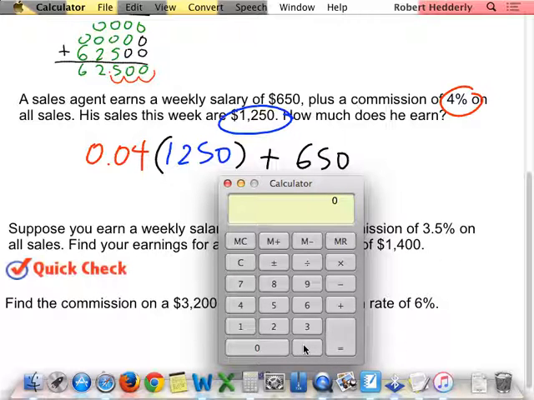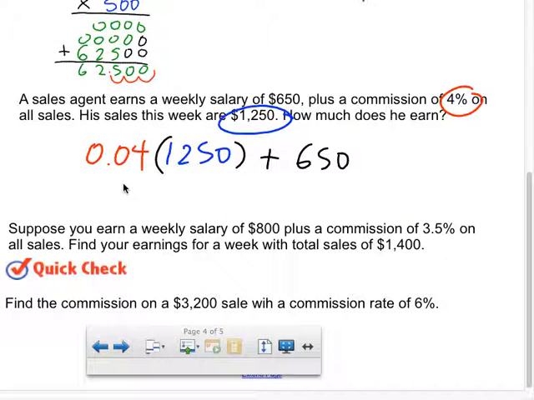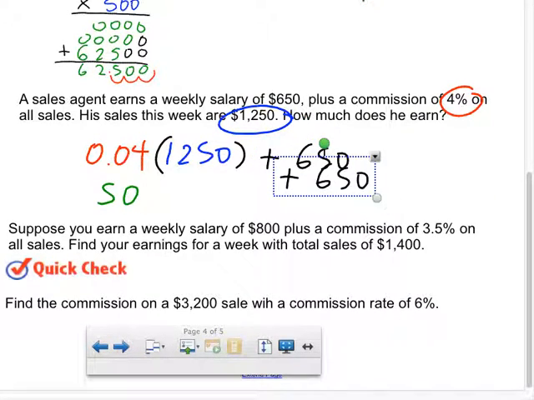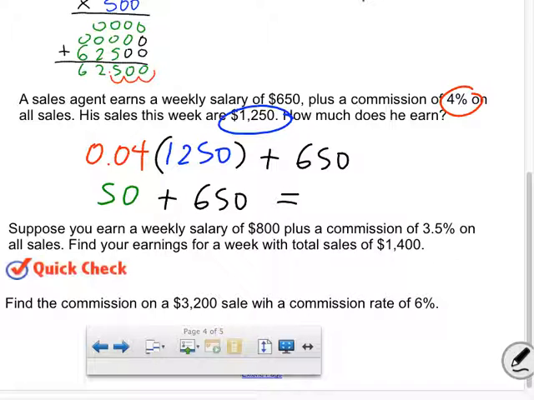Hold on. 0.04, that's 4%, times, okay, $50, that's how much I made. All right, so my commission was $50, plus my base salary over here. Okay, so what did I have altogether? $700 for that week. Not a bad week.